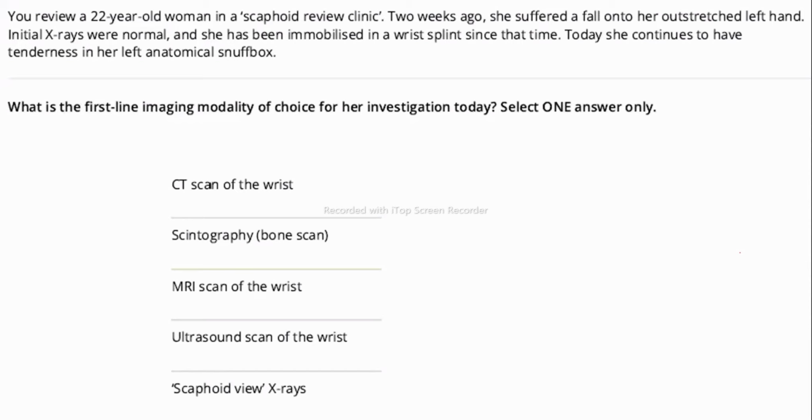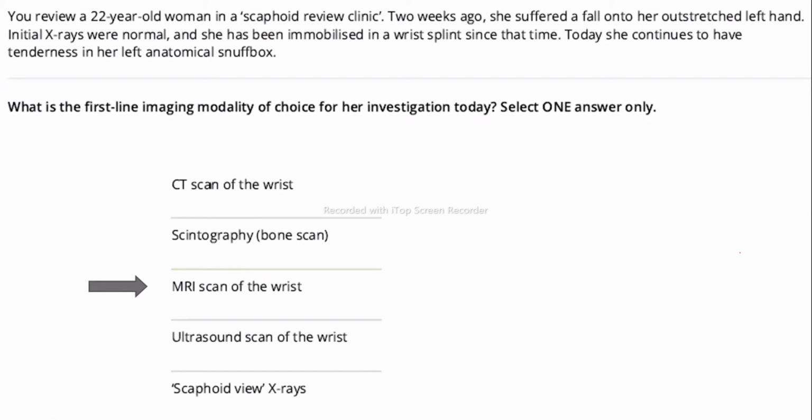So directly I have to go for CT scan. Yes. Here, scaphoid view means it's like the first time. So if they said MRI not available, you can go for CT scan.